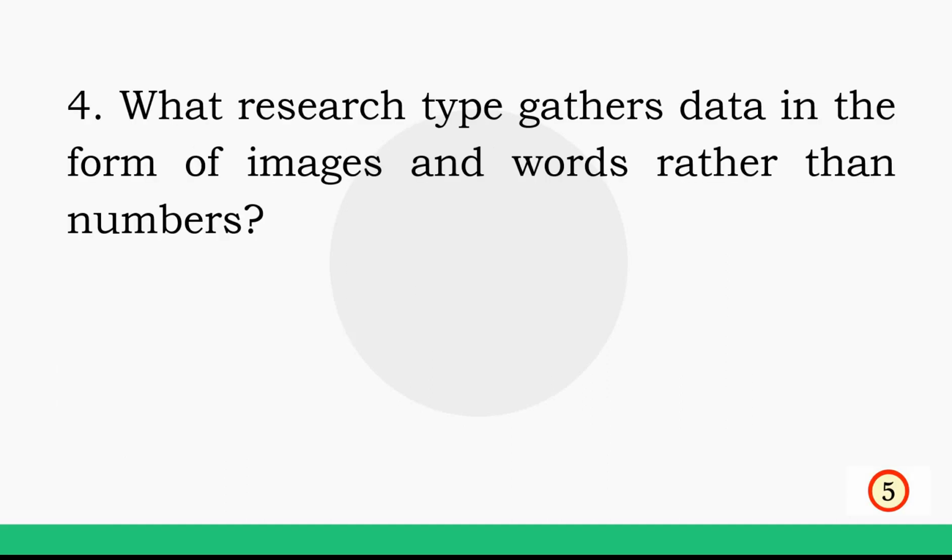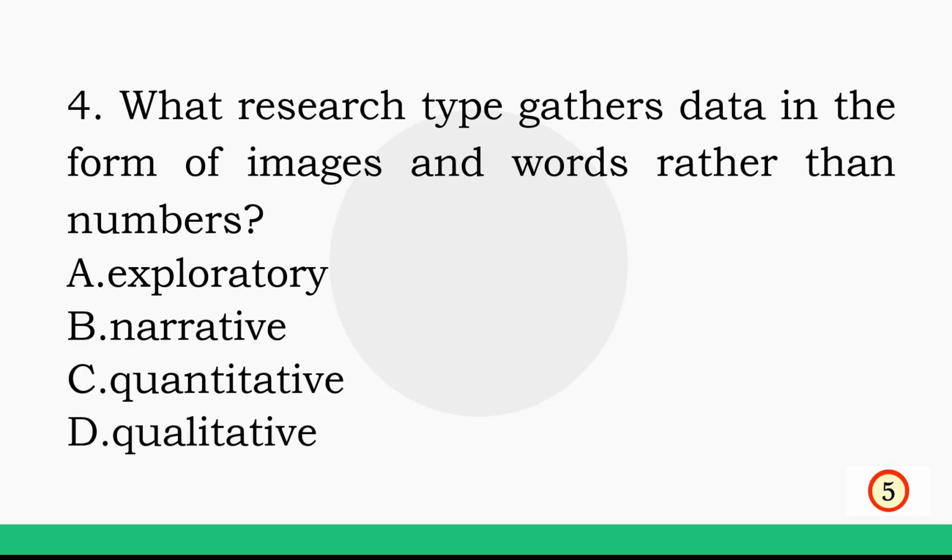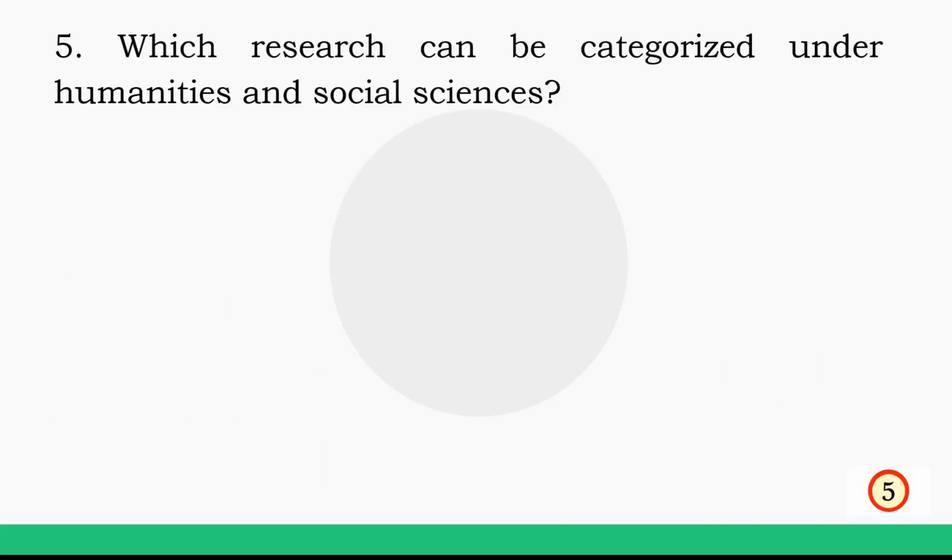Fourth question. What research type gathers data in the form of images and words rather than numbers? A. Exploratory. B. Narrative. C. Quantitative. Or D. Qualitative. Start. And the correct answer is D. The final question. Which research can be categorized under humanities and social sciences?